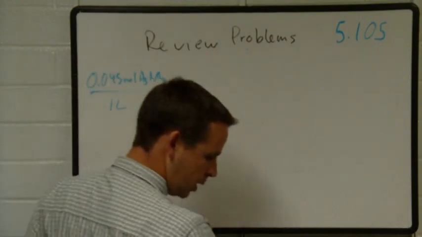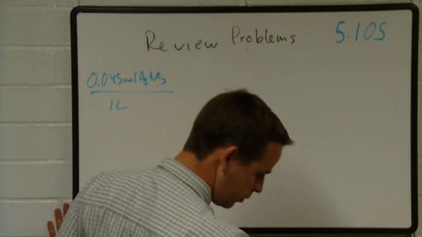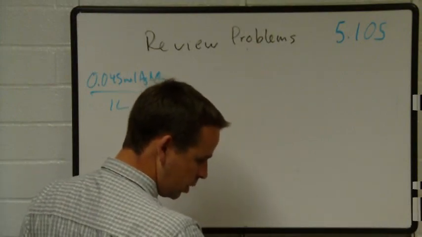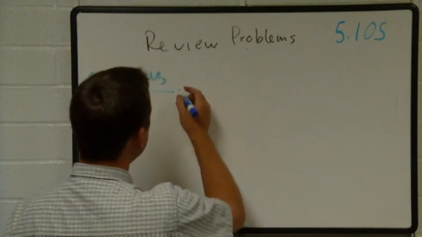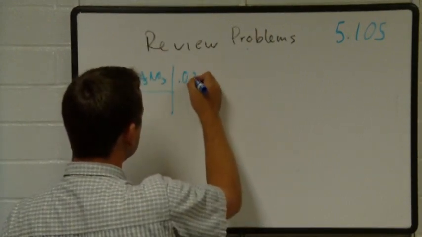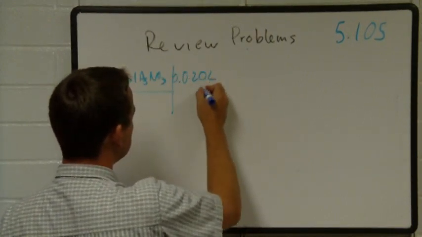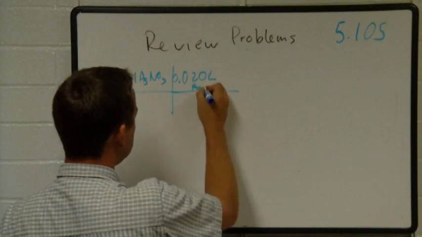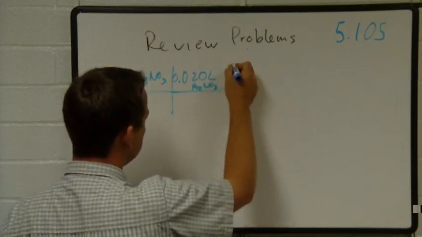That's molar, right? That's the concentration, 0.045 molar silver nitrate solution. And we have 20 milliliters of that, or 0.020 liters of the AgNO3 solution, right?